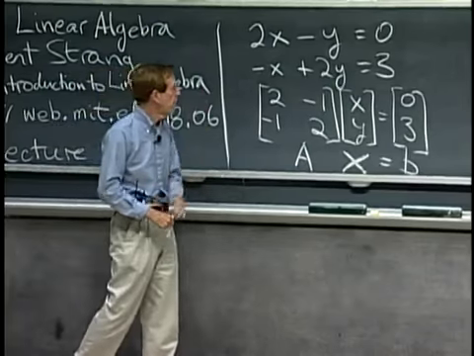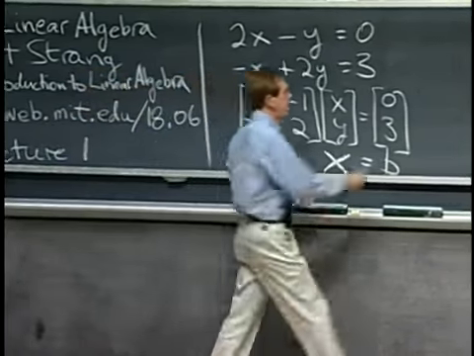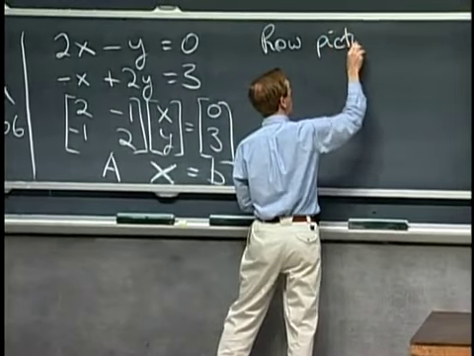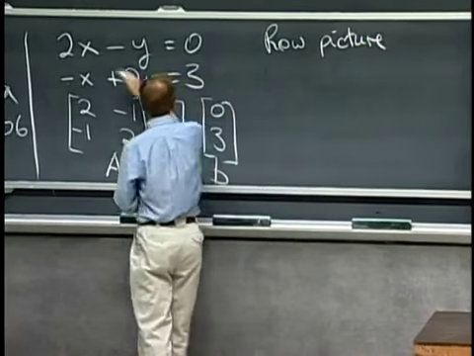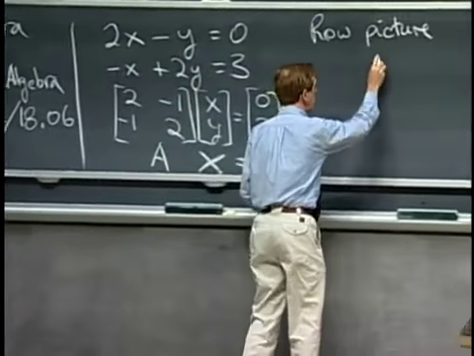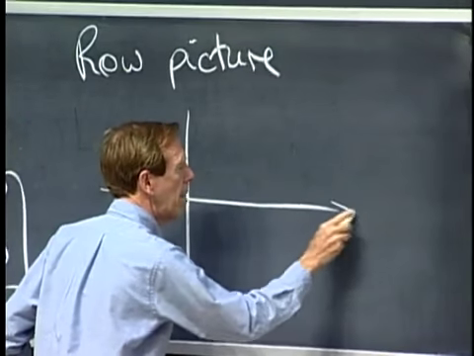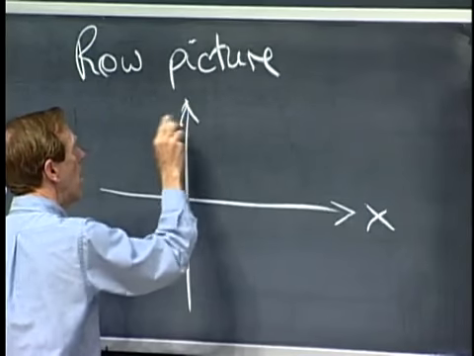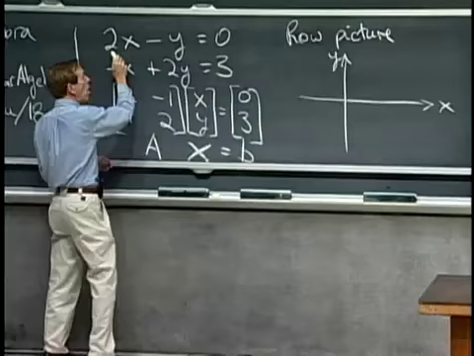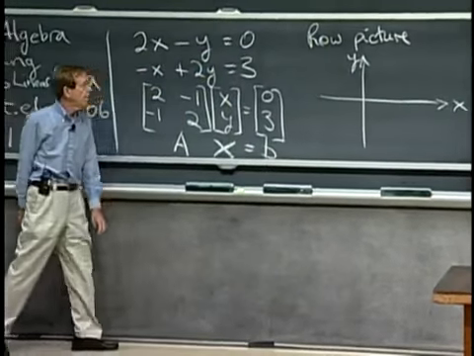Okay, what's the picture for this example? The row picture. Okay, so here comes the row picture. That means I take one row at a time, and I'm drawing here the xy plane, and I'm going to plot all the points that satisfy that first equation.